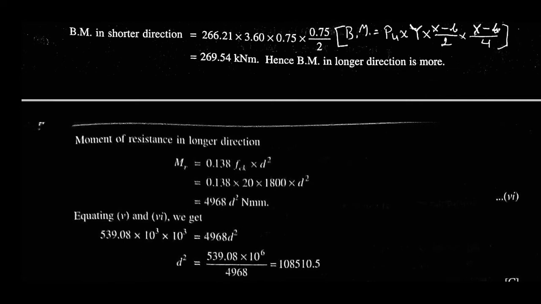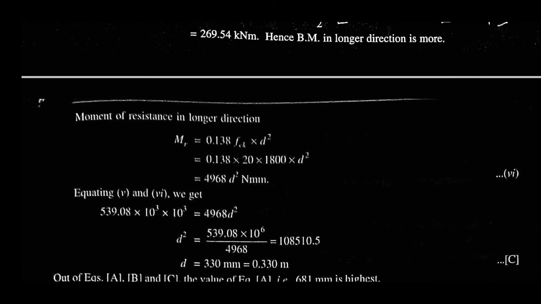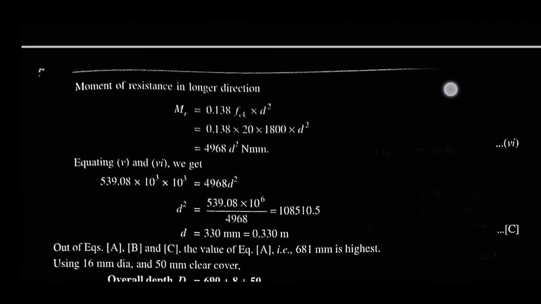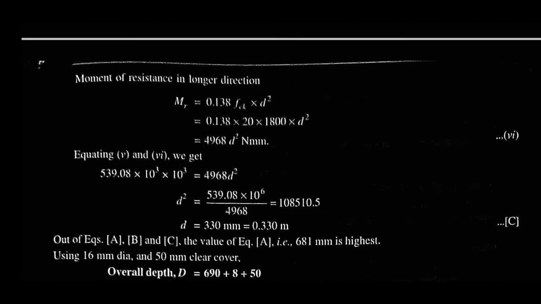Now the moment of resistance in the longer direction, Mu, is equal to 0.138 fck into d square, that is 0.138 into 20 into 1800 d square, that is equal to 4968 d square Newton mm. Now we have to equate equation 5 and 6 to calculate the value of d.